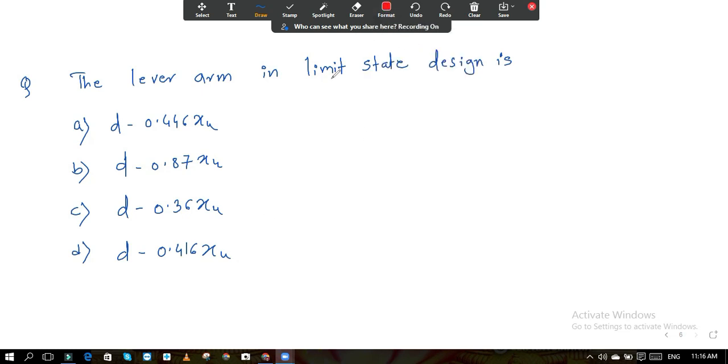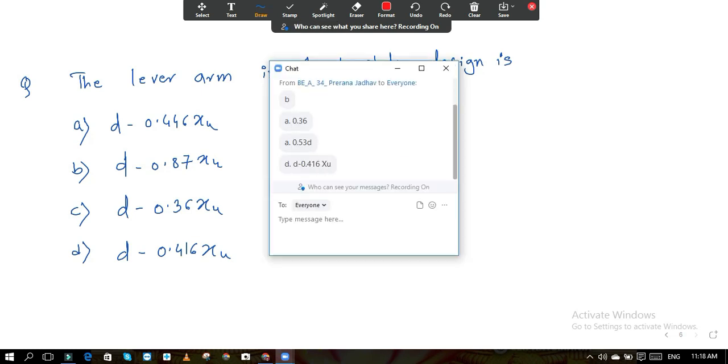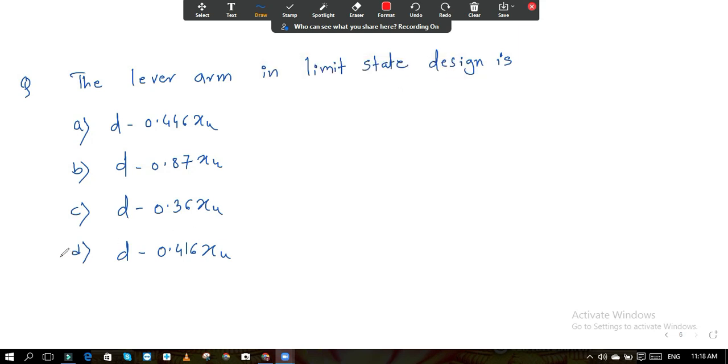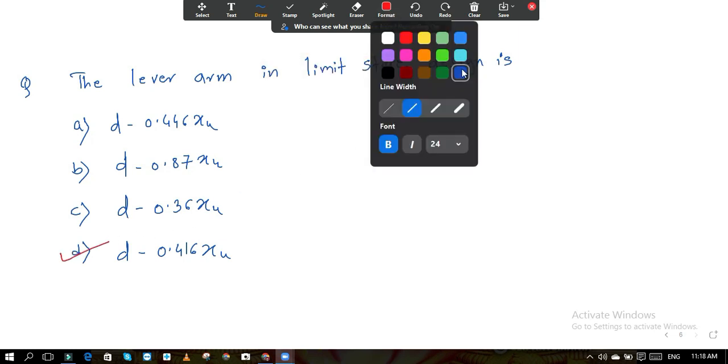So the lever arm, give me the correct answer of this. Answer is D, okay. Correct, D minus 0.42 XU. This is the correct answer.